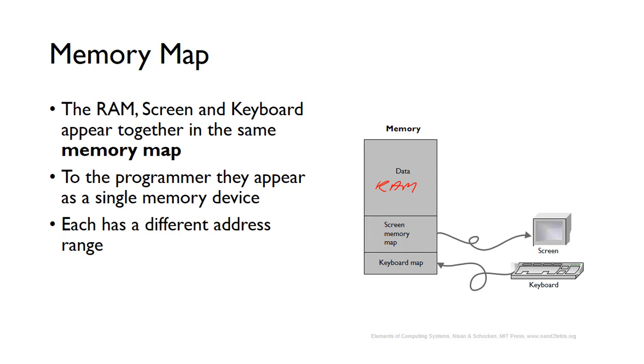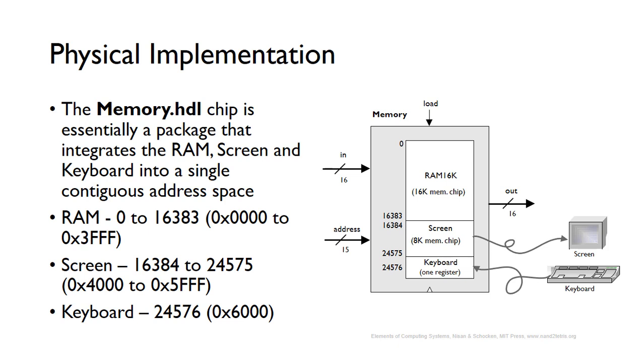If you see here, this is actually implemented in the Memory.hdl chip. This is basically the overall memory chip that integrates the RAM, the screen and the keyboard together into a single contiguous address space. So the RAM goes from 0 to 16383, which corresponds to this 16K memory chip.